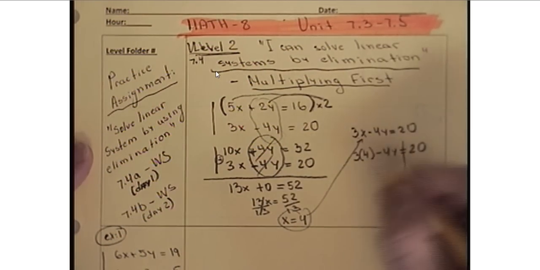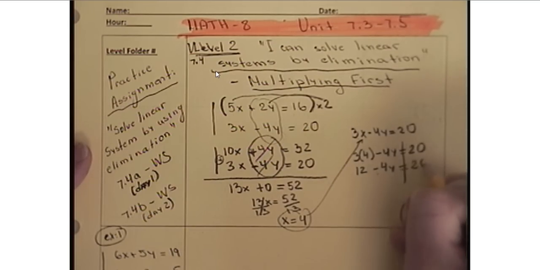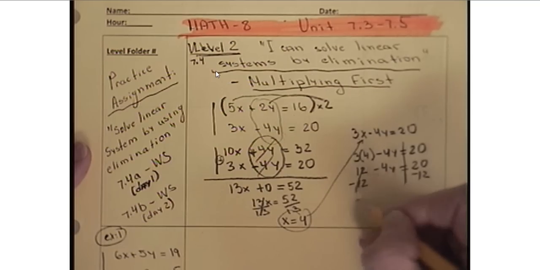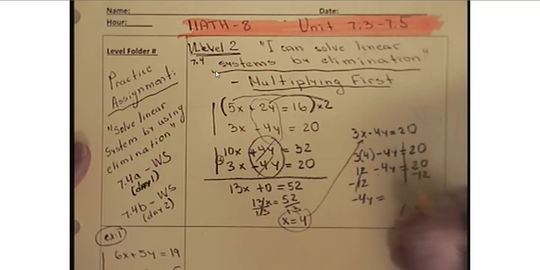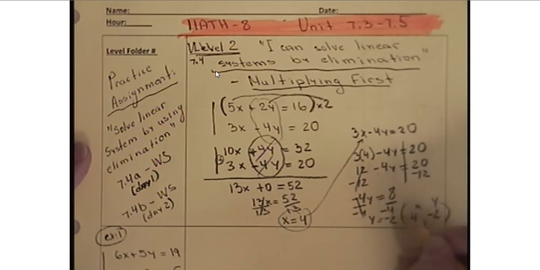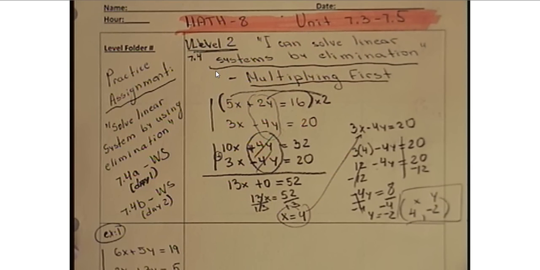Well, 3 times 4 is 12 minus 4y equals 20. Solving for y, we will subtract 12 from each side. Negative 4y will be equal to 8. Divide by negative 4, so y equals negative 2. Negative 2 for y. With that, I will conclude my solution.